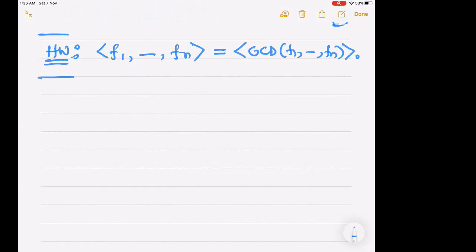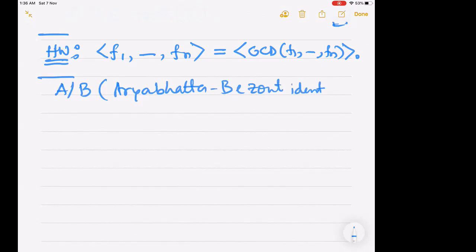Here is this thing, we call it AB, or the Aryabhatta-Bezout identity. What is this identity?